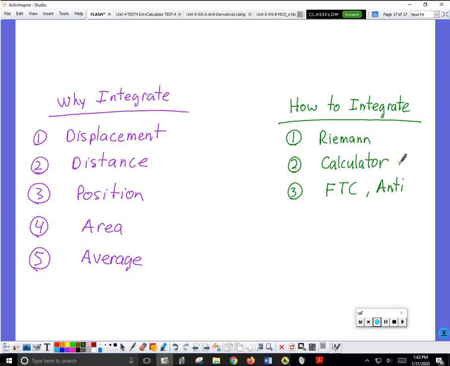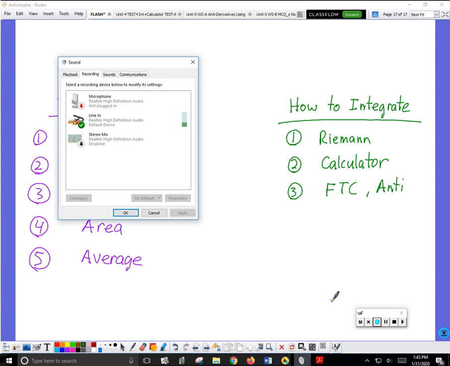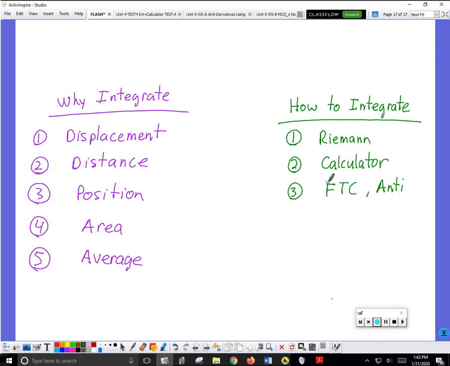Today we are learning that we can also use the fundamental theorem and an antiderivative, basically. We're really just using the fundamental theorem. I just put on anti to remind you that's how we're doing it. Chance for people to write that down.